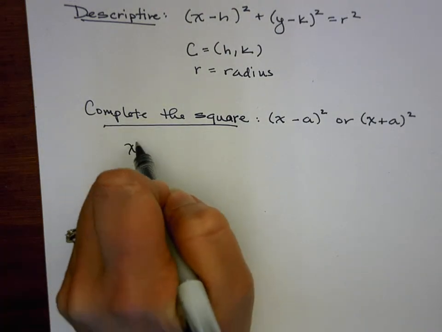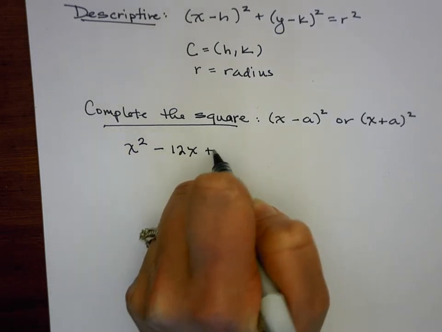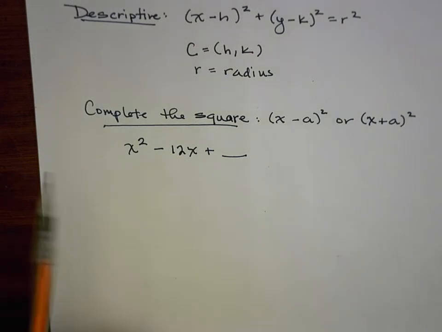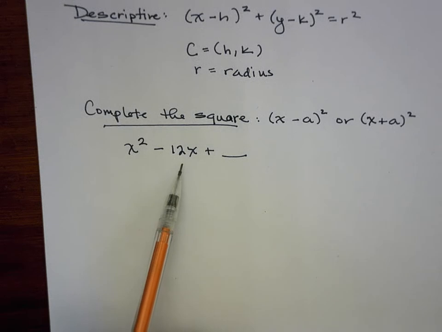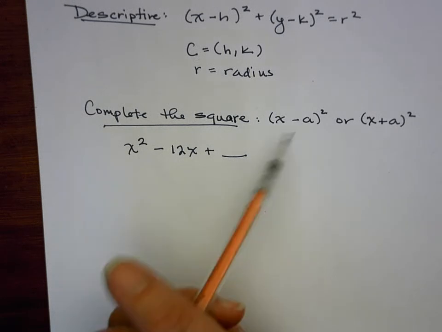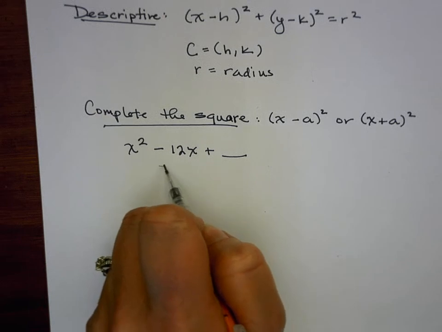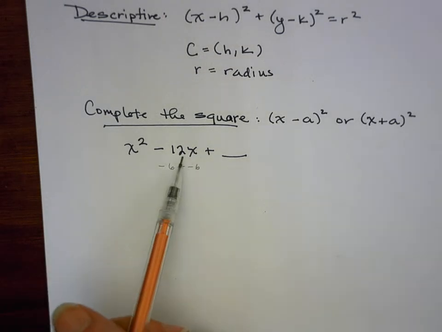So if we have, for example, x^2 - 12x, I'm trying to figure out what number I add to turn this into a perfect square. So I know that when I distribute this out, I add the same two terms together, right? ax and ax to get this. So that means I added together -6 and -6, and that's how I got my -12, right?